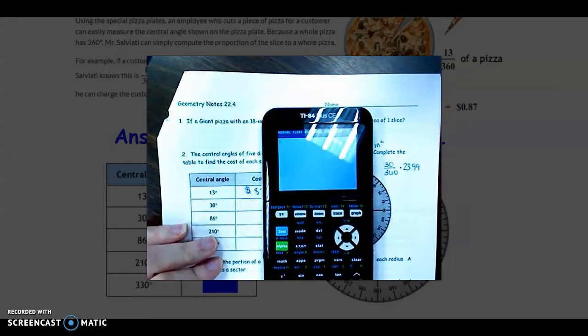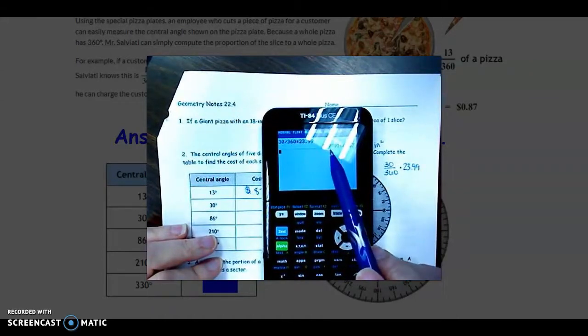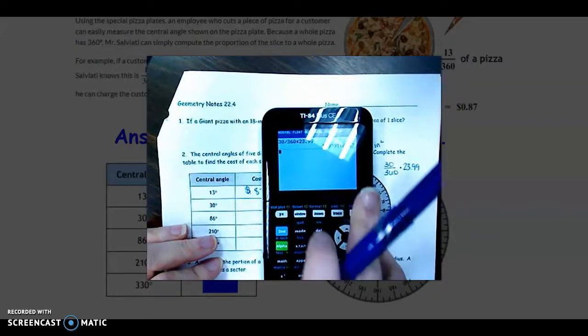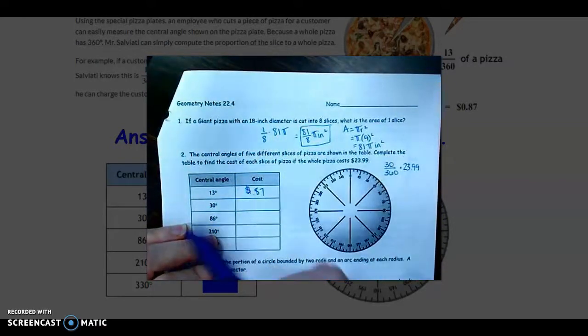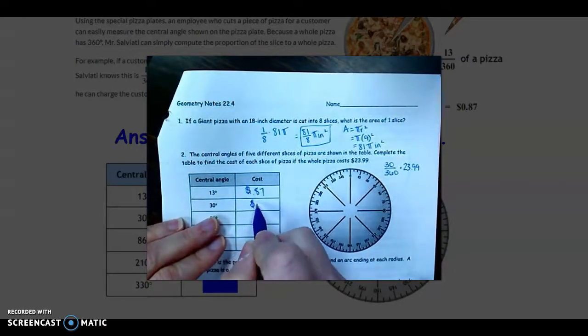You're going to get the same thing. So we can do 30 divided by 360 and multiply that, not subtract, but multiply by $23.99. And if we're talking about dollars, then remember we're rounding to the nearest hundredth. So that 9 makes us round up. That's going to be $2 for that slice of pizza.